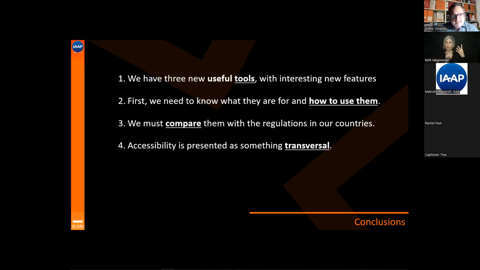all of these standards show us that nowadays accessibility is presented as something transversal, not only for buildings, and not only for the built environment. The other things are important: products, the service, because our society, our world is for all.